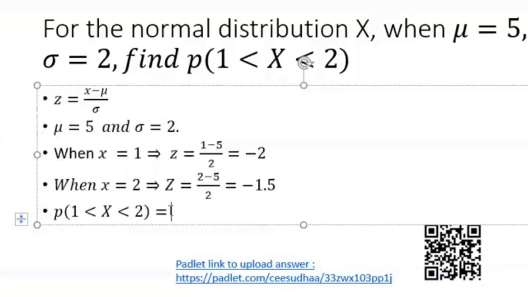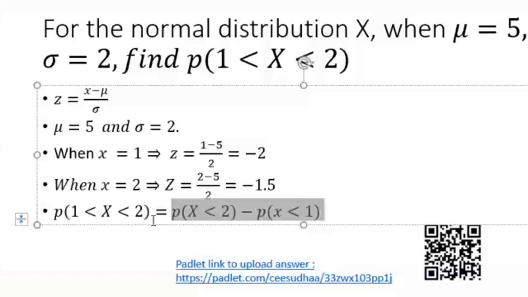Take the upper limit, whatever number is coming here: probability of x less than 2, always minus probability of x less than 1. So you should take it in the reverse order with a negative symbol. Take this 2 here and this 1 here, in between always minus.